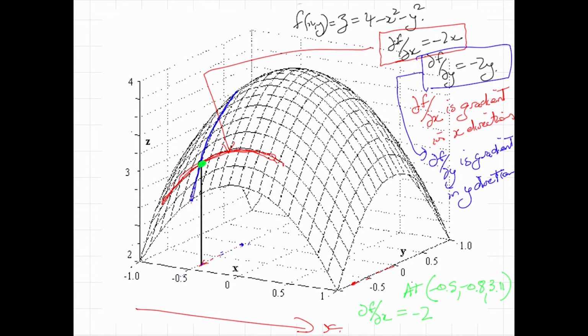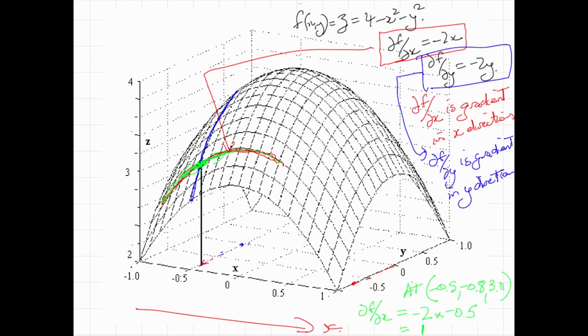Partial df dx, we've already said, is the gradient in the x direction, so the gradient along that line there is equal to minus 2 times negative 0.5, which will be equal to positive 1. So the gradient at that particular point in this direction, going that way, will be equal to 1.